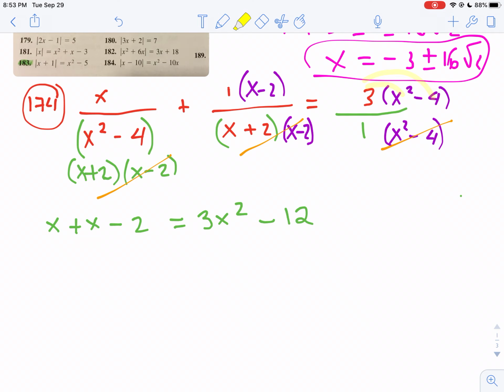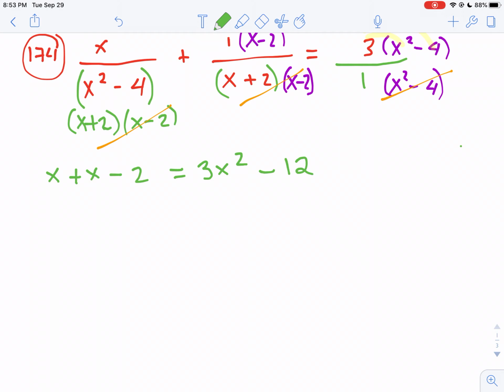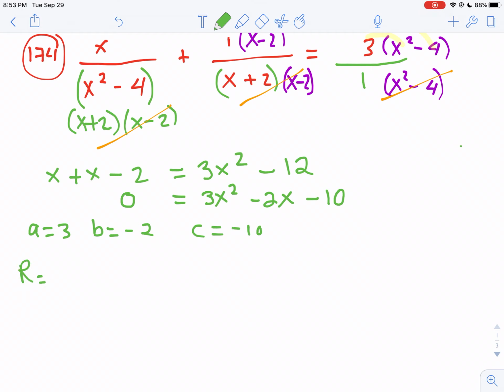Let's quickly show you how to do that. Again, I'm going to make this side equal to 0. So I have 3x squared minus 2x minus 10. My A is equal to 3, my B is equal to negative 2, my C is equal to negative 10. And I'm going to form a radical term.